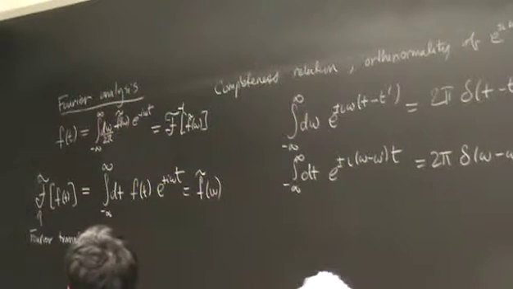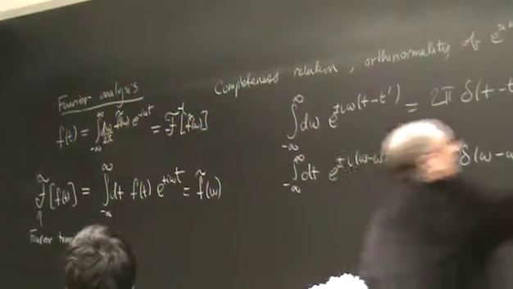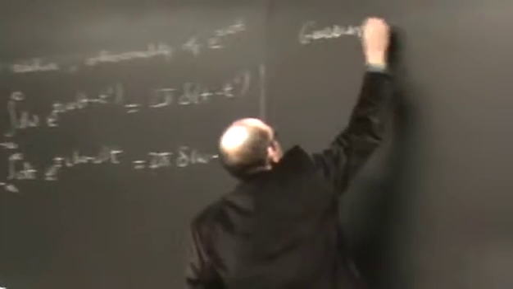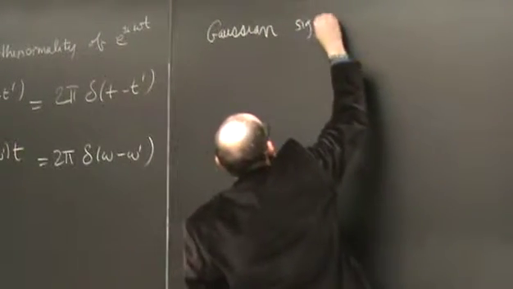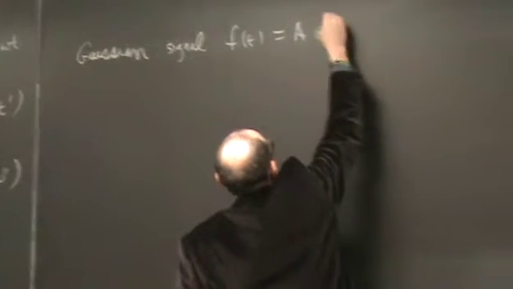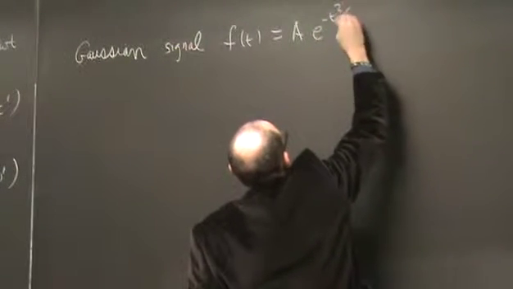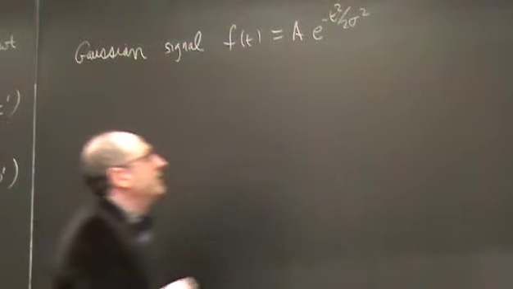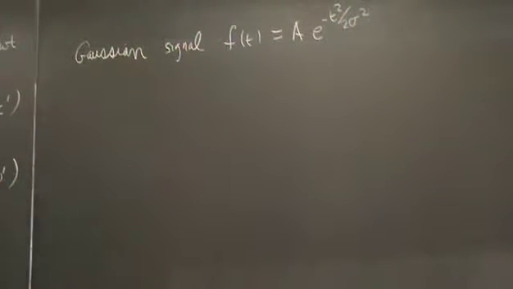So, just to remind you of a very simple example, suppose I have a Gaussian signal, f of t, with some amplitude that's varying as a Gaussian with some variance sigma squared.